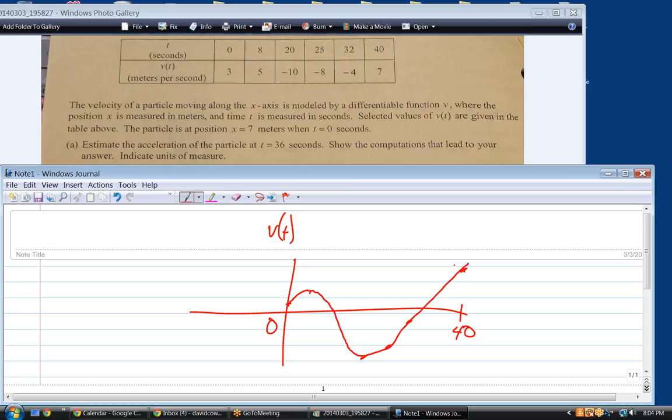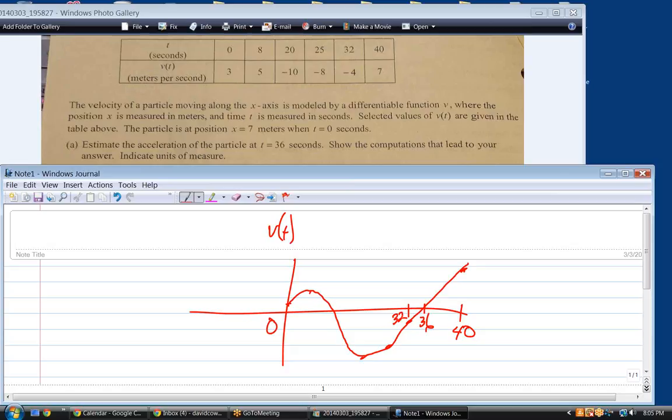And they want us to estimate, let's see, this point right here was at 32. So what are they asking? They're asking for the slope of the curve, right? That's what acceleration is. If I take the first derivative of this velocity function, I'm going to get the acceleration function.